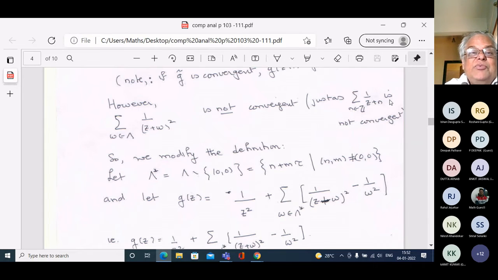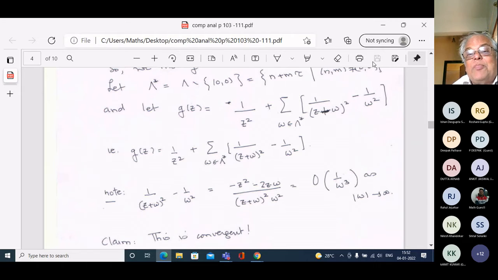So you take the term which corresponds to w equal to 0 out, and then you have 1 over z plus w, and you're going to subtract something, 1 over w squared. So when I look at 1 over z plus w minus 1 over w squared, you get this quantity.